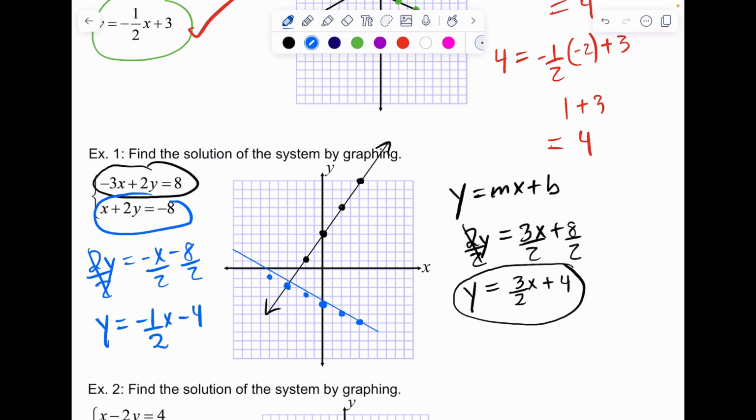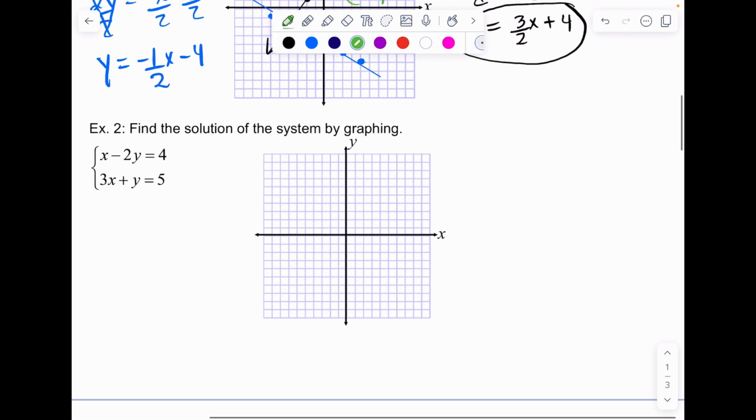You probably already caught where the intersection was, which was right there at (-4, -2). So (-4, -2) is the solution. And once again, if you plug them back into the original equations, they will work.